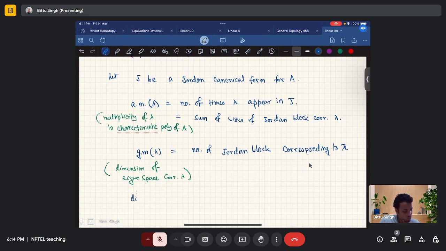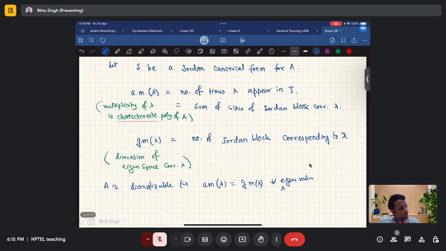From those two things we can say A is diagonalizable if and only if the algebraic multiplicity of lambda is the same as the geometric multiplicity of lambda for all eigenvalues lambda.